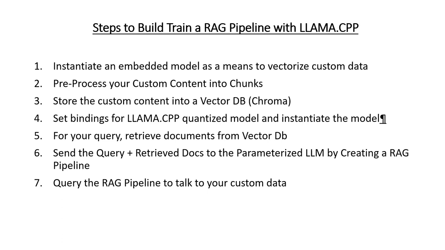You take your data and use some sort of Python library, pandas or whatever, to pre-process your textual data into some sort of JSON object with equal chunks. Then you store this custom content in the vector database. Before you do that, you say, this is my chunk of data, and this is the embedding model that I want to use.